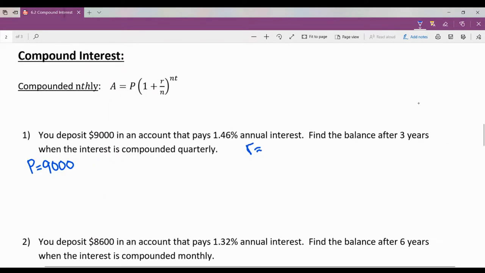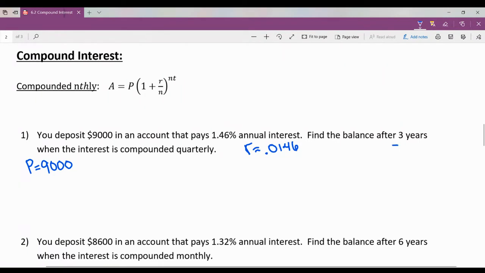So it's going to be 0.0146. So lots of numbers right there. Find the balance after 3 years. So my T is going to equal 3. When the interest is compounded quarterly, so quarterly means my N is 4.